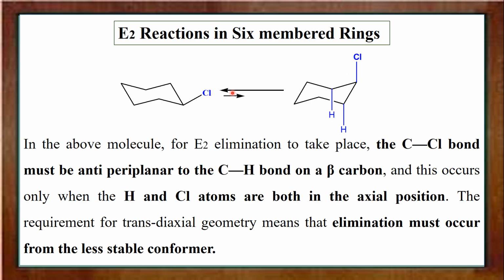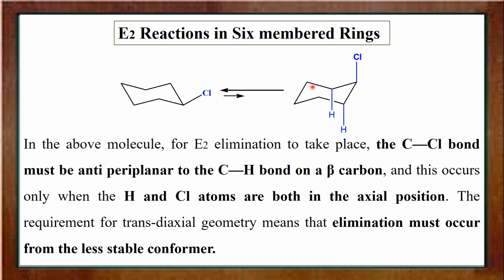So when the chlorine is oriented in the equatorial direction, it can neither be syn-coplanar nor anti-coplanar with any of the beta hydrogens. Whereas when chlorine is oriented axially, it is anti-periplanar with the beta hydrogens on both sides.